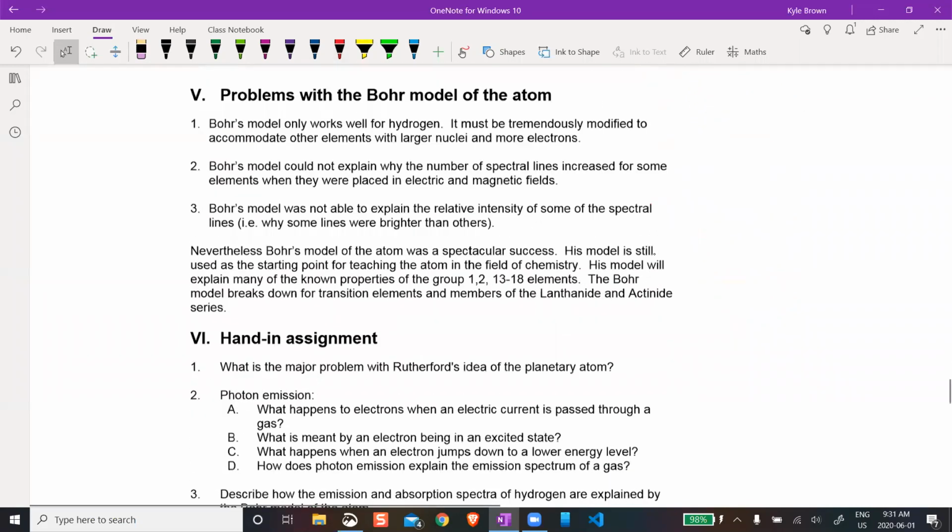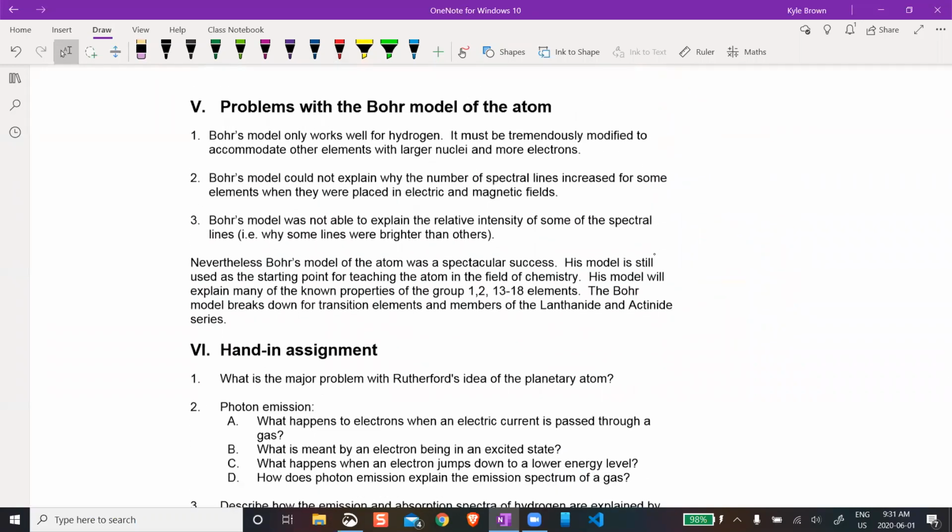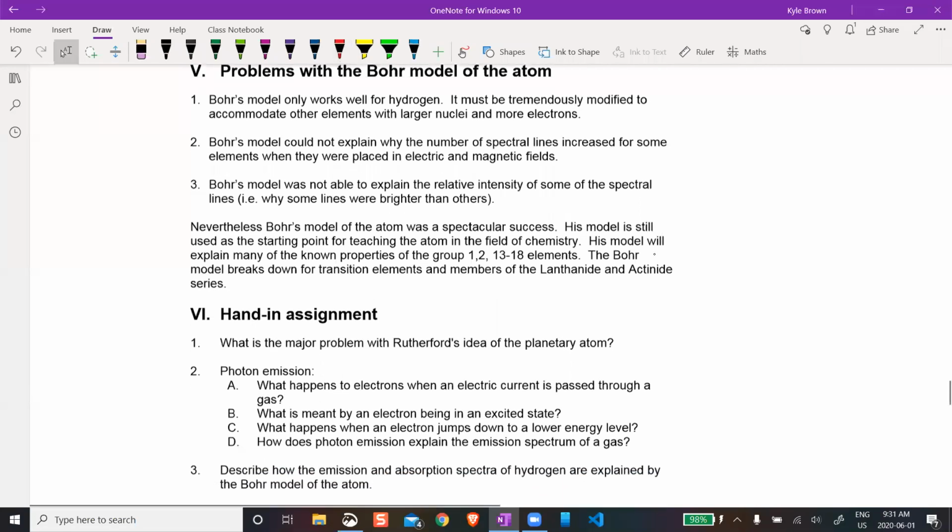Yeah. So problems though. So there's still problems. Bohr's model only worked well for hydrogen. Like I was saying above, it had to be modified quite a lot to account for the bigger atoms. Bohr's model could not explain why the number of spectral lines increased for some elements when they were placed in electric and magnetic fields.